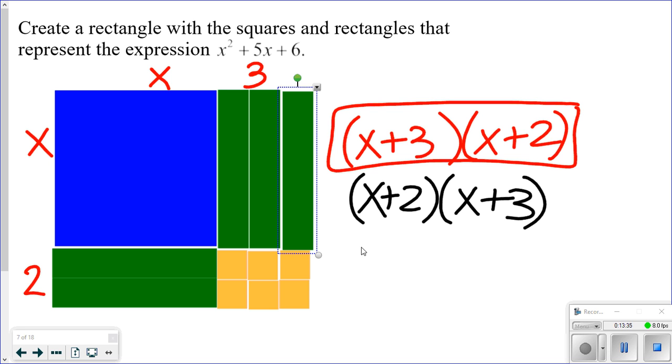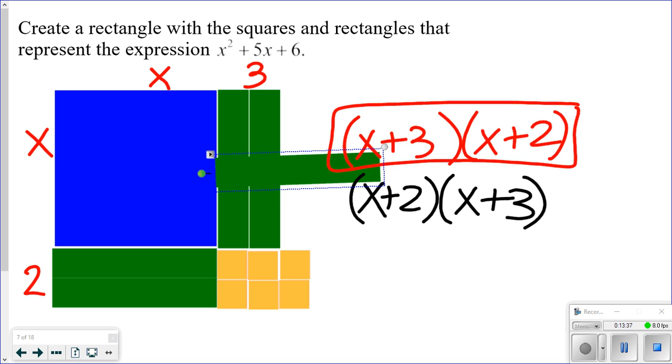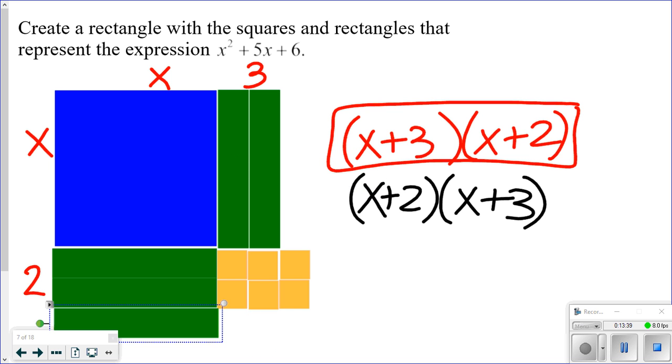If you happen to take this algebra tile and move it down here, we're still okay. This looks slightly different, but this still is the same answer. I just need to change this to a 2 and that to a 3. But again, it's still a rectangle. I have no empty spaces and no leftover pieces. So either way works.